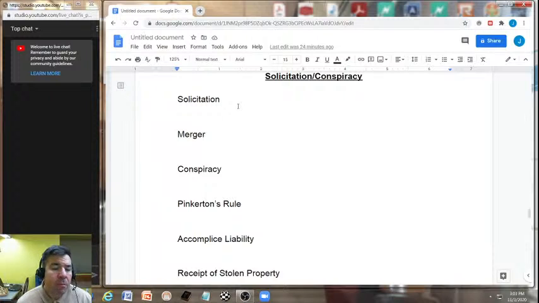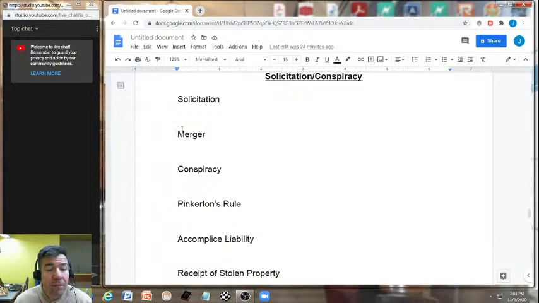Now, down to merger. Remember, solicitation merges with conspiracy, but conspiracy never merges with its target crime. That's in essence what merger is.